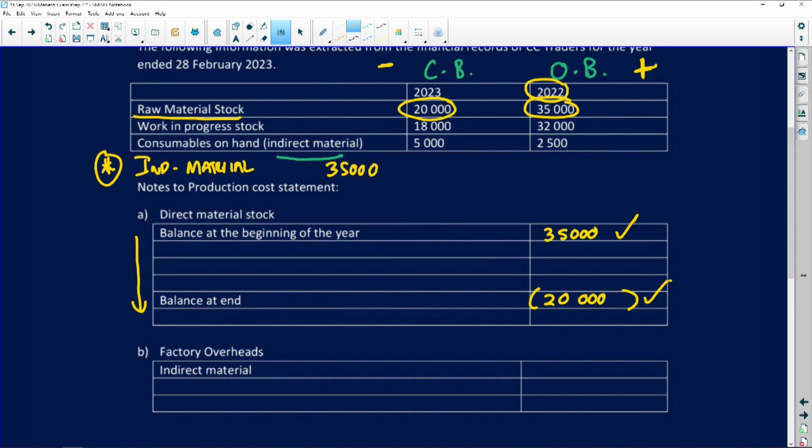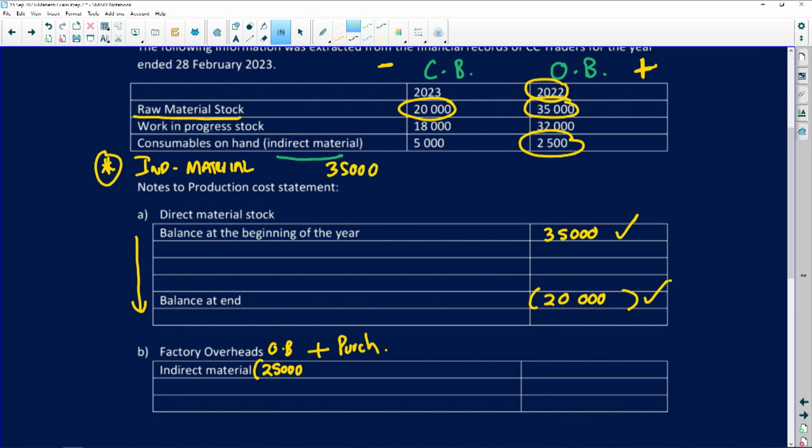In terms of the calculation, indirect material, factory overheads, you're going to start off with the balance at the beginning of the year. So consumables on hand, indirect materials at the beginning of the year, 25,000. So that's the opening balance. To this, you now add whatever you have purchased.